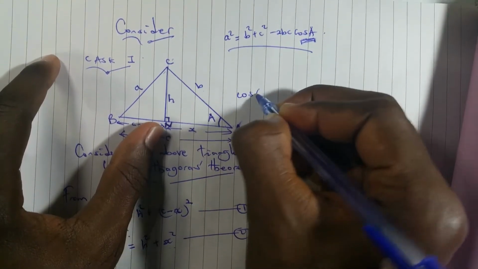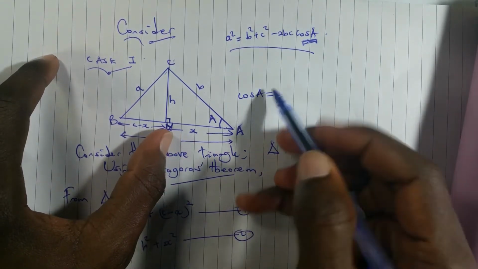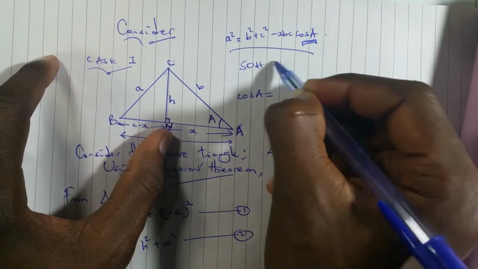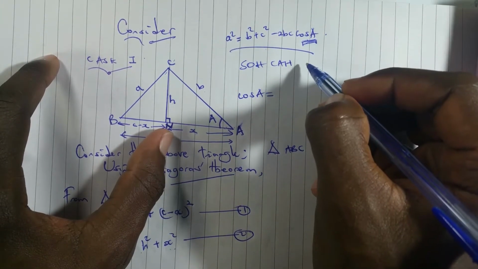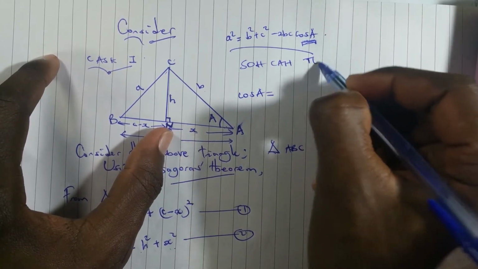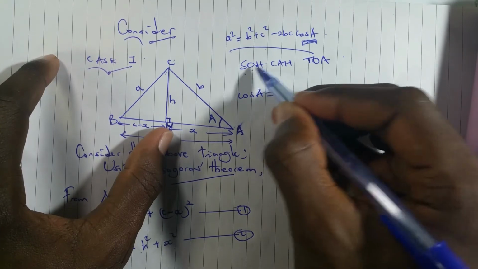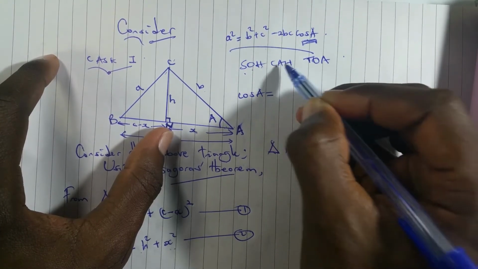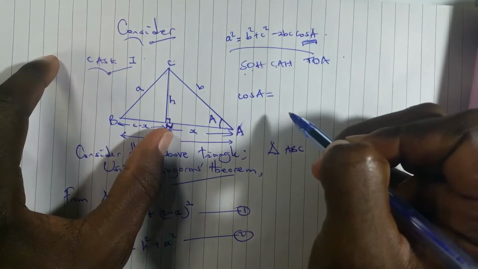You remember our SOHCAHTOA, in my previous video about the introduction of trigonometrical ratios of acute and obtuse angles, I gave this easy way of memorizing that sine is opposite out of hypotenuse, cos is adjacent out of hypotenuse, and tan is opposite out of adjacent.